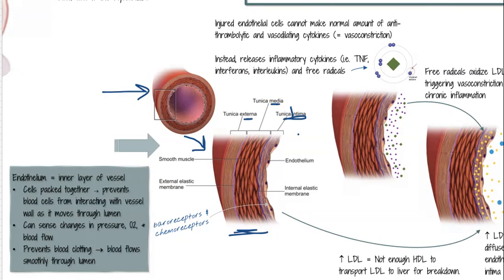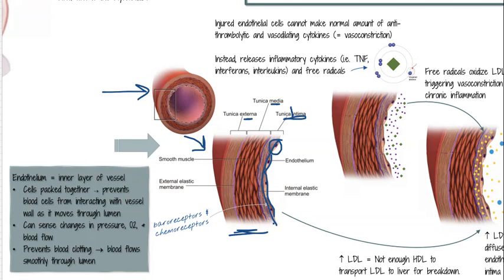When we're talking about the tunica intima, we're talking about these first two layers. The first layer here is the endothelium, and you can see each endothelial cell here. Right underneath that, you have the basement membrane, which is made up of proteins, collagen, and elastic fibers.